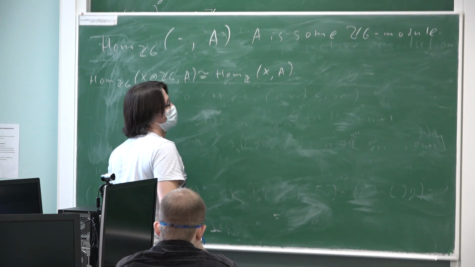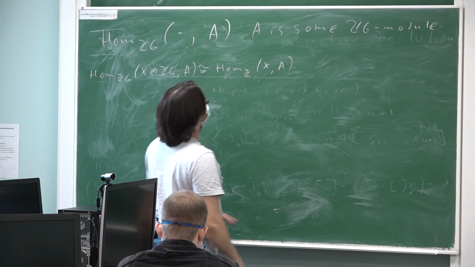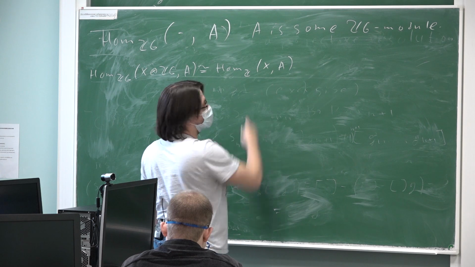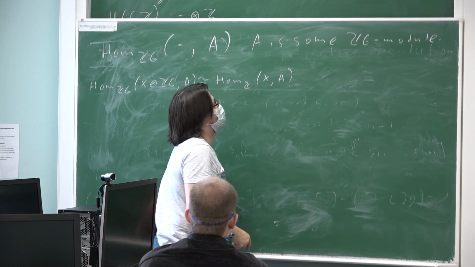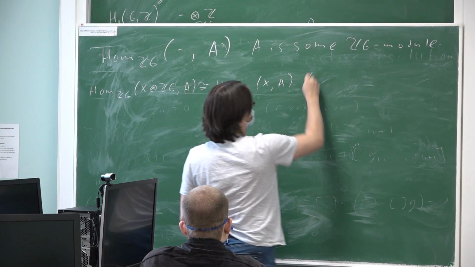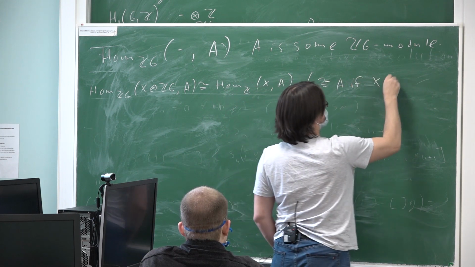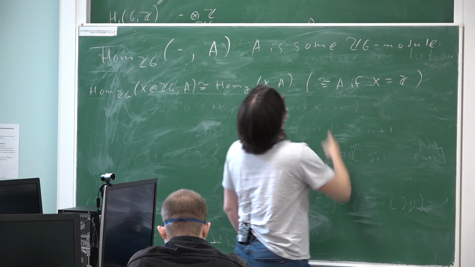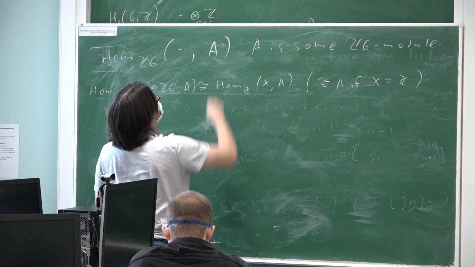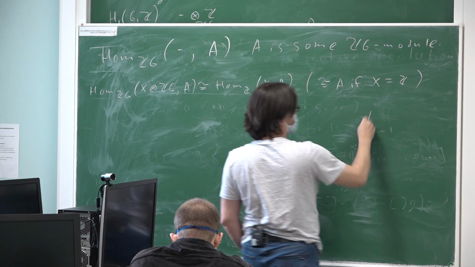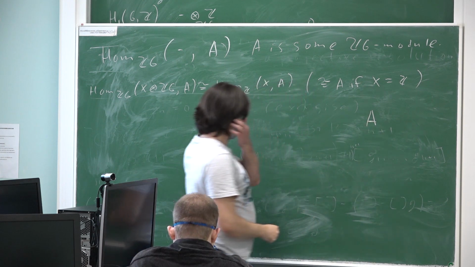And if X is Z, then it is A. So in this way we get A here.